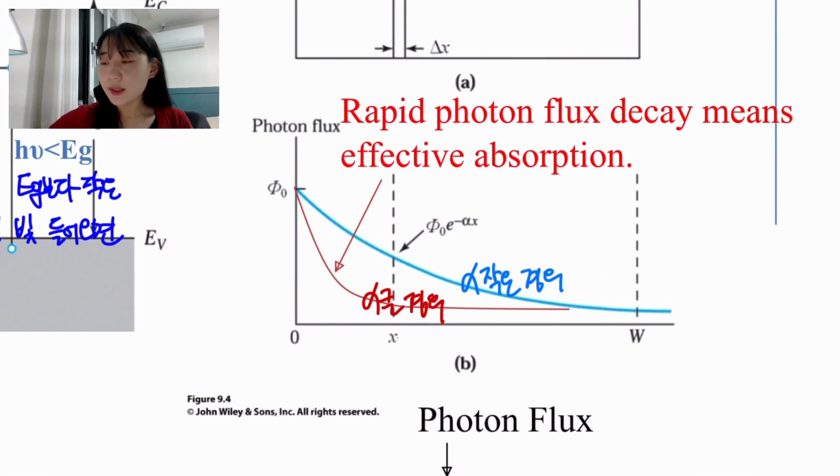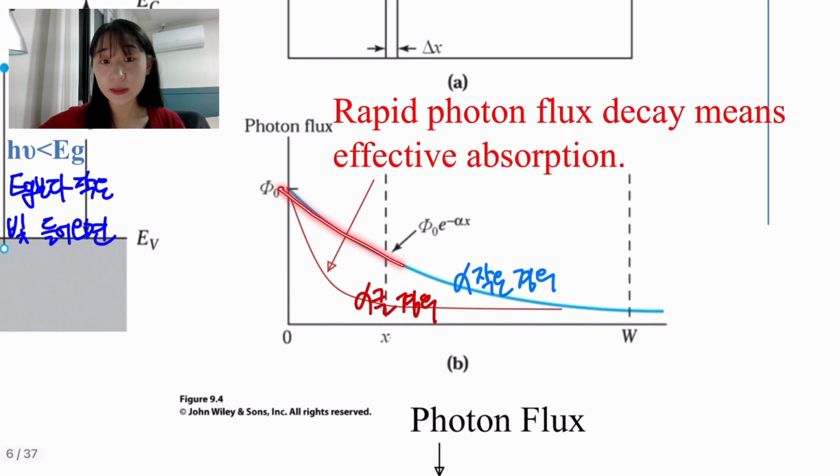And if alpha is big, it absorbs well, so the slope is very high. And if alpha is small, the slope is small.